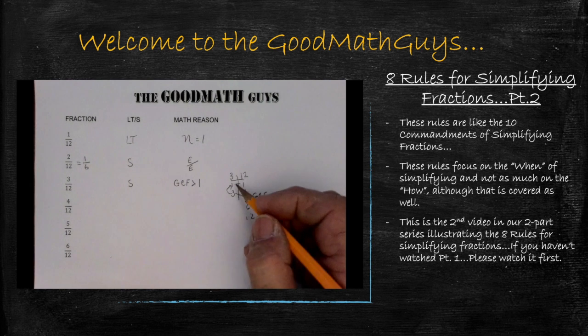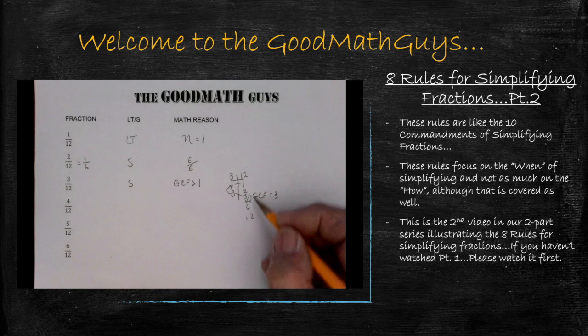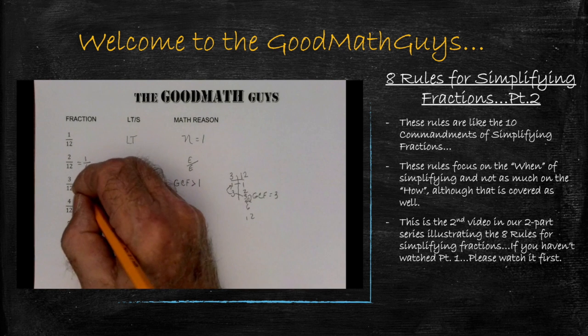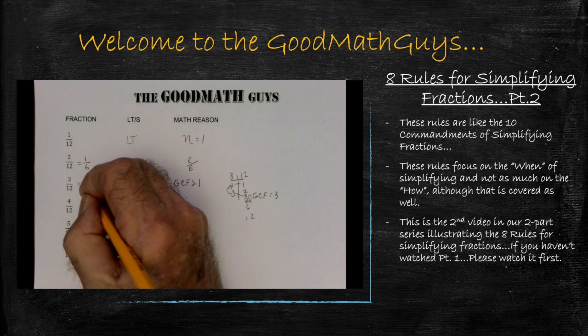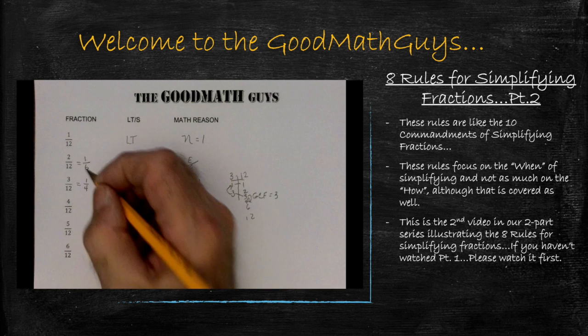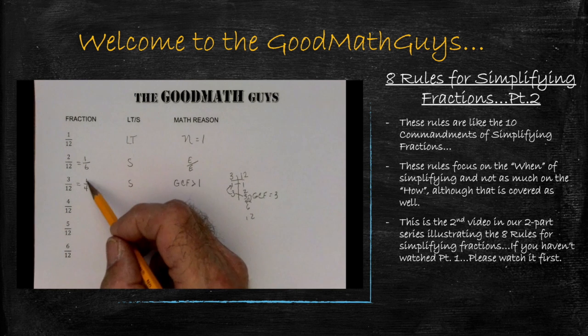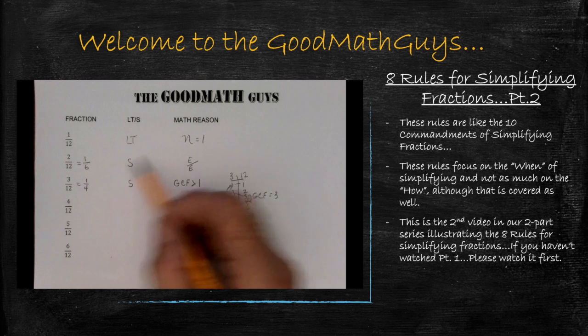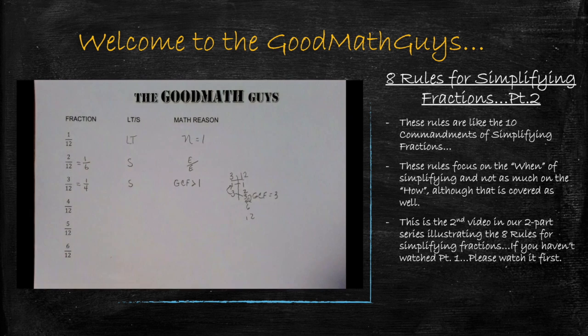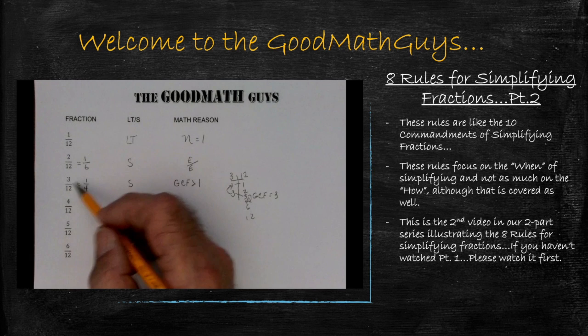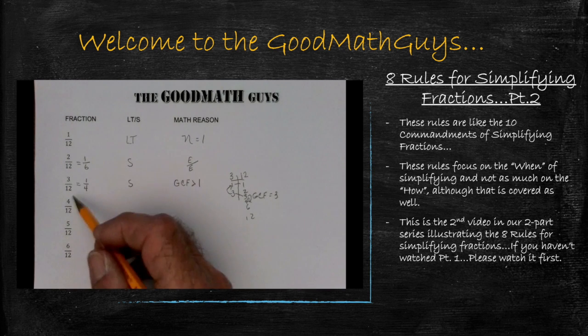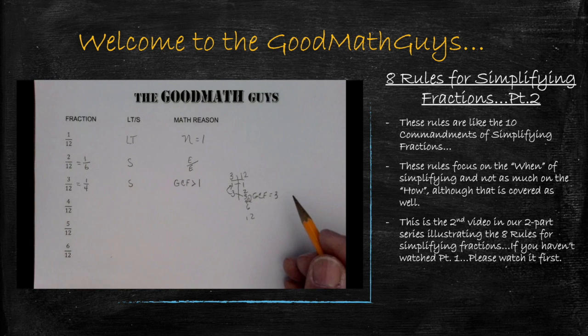So we can write the 1 over the 4, and 3/12 equals 1/4. 1/4 is in lowest terms because n is equal to 1. If you want to check that, the kids can do the division. How many 3's can I get out of 3? 1. How many 3's can I get out of 12? That's 4. So either way it works, but using the pairing factors here makes it a bit simpler.